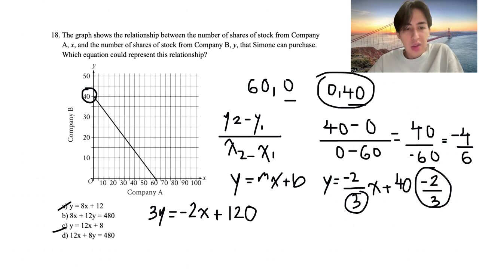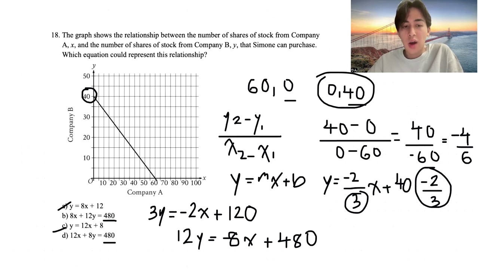See how the value here is 480? We want to make this 120 into 480. So we can do that by multiplying by 4. If we multiply all of these by 4, you're left with 12y equals negative 8x plus 480.